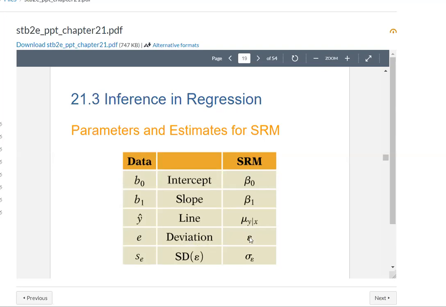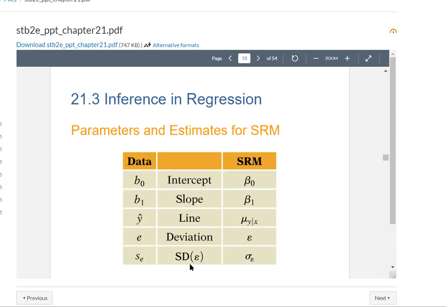Deviation or residuals by epsilon or by e. The standard deviation of residuals, we call it standard error. Standard error can be shown by SE or sigma of epsilon.